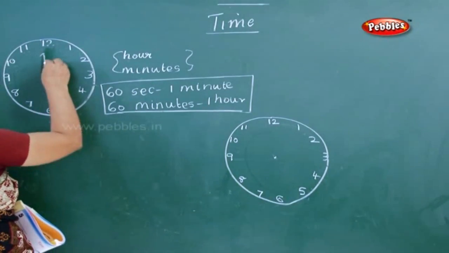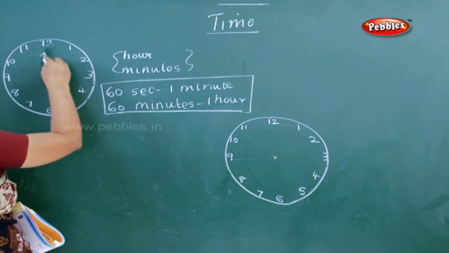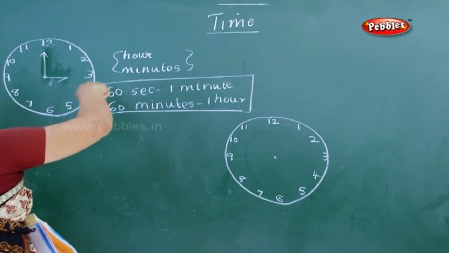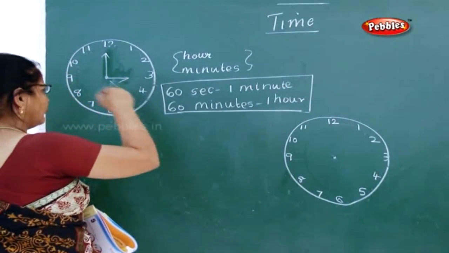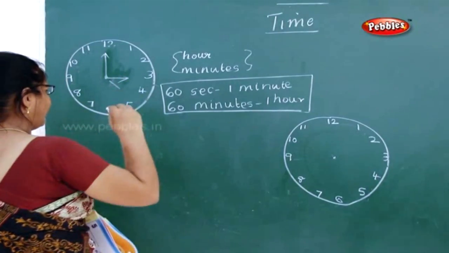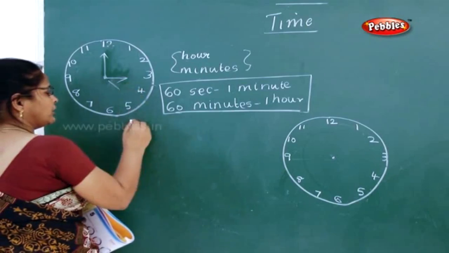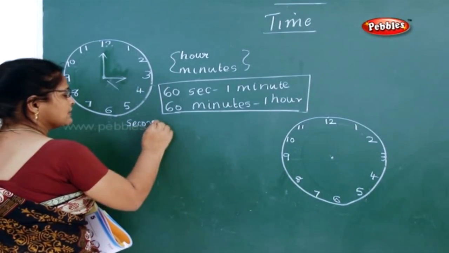See, I told you this one represents hour, and this is minutes, and the one small red finger that goes around, you call it seconds.